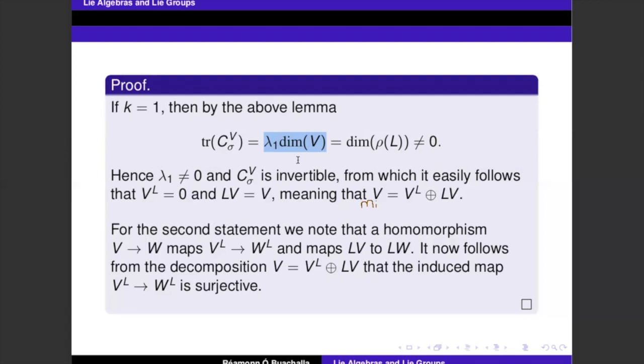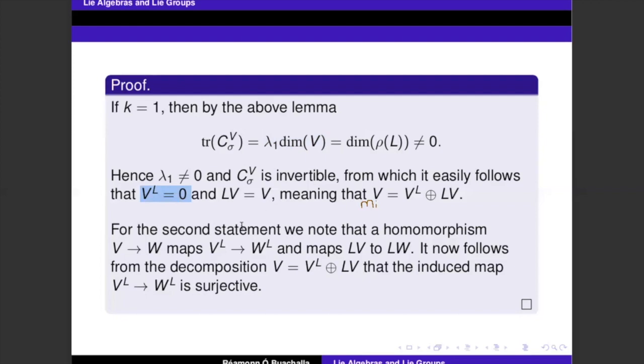But if you have an element that's killed by every element in the Lie algebra, then it would have to be killed by the Casimir, because of course the Casimir is a sum of products of elements of the Lie algebra. So that would contradict it. So we're forced to conclude that, in fact, the elements killed by every element of the Lie algebra, V sup L, are actually equal to 0.